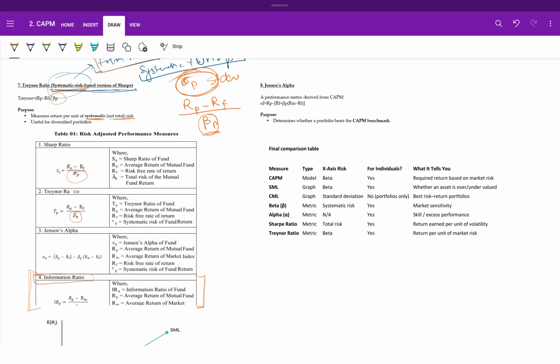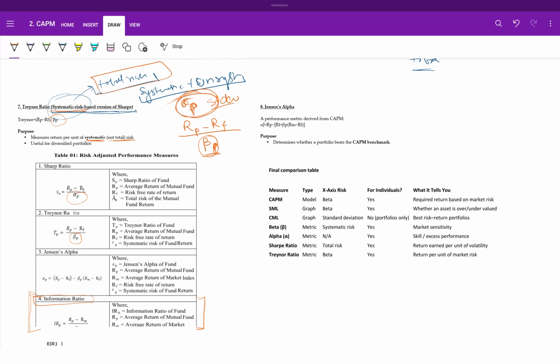We are talking about a portfolio because there are multiple securities, and we are talking from the perspective of a portfolio. You cannot make a portfolio and talk about systematic and unsystematic risk or total risk. So either you are talking about the market versus a single stock, or you are talking about the market versus multiple stocks. When you're talking about multiple stocks, then it's a portfolio.